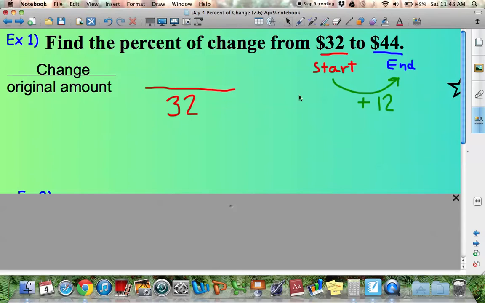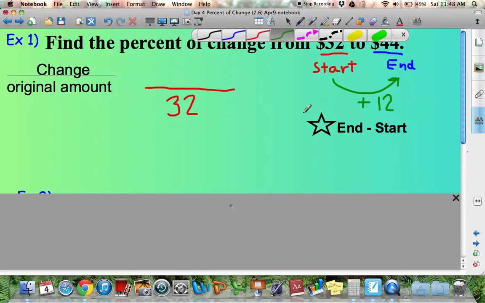Now, if you're not the type of person that can easily see that in their head, not a problem. You can find the change by taking the ending number minus the start. So why don't you write that down if you were a little bit overwhelmed by that mental process. Either way, you're going to get the exact same answer, right?